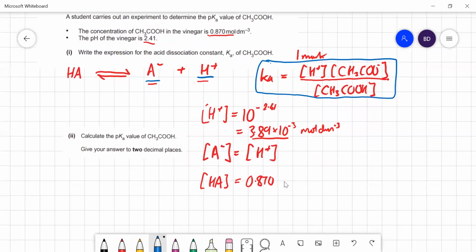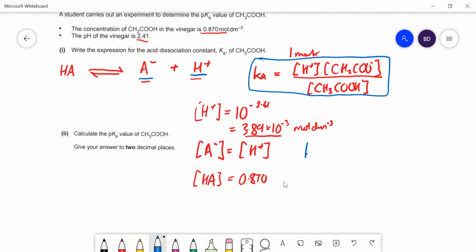So putting the numbers into that, we get Ka is equal to 3.89 times 10 to the minus 3, and the concentration of the conjugate base is the same as that, so that's going to be squared, over 0.870.